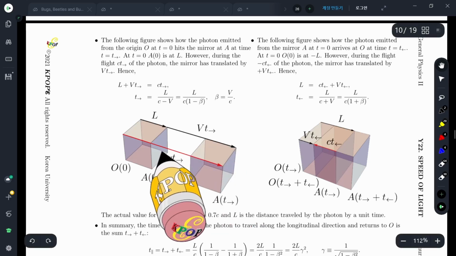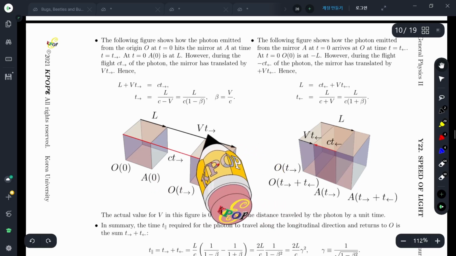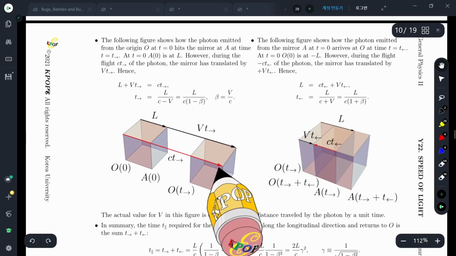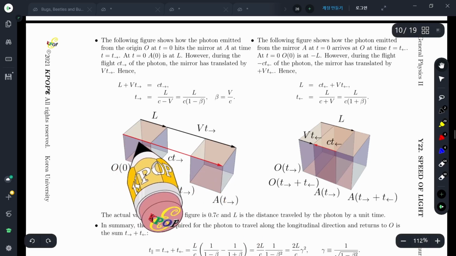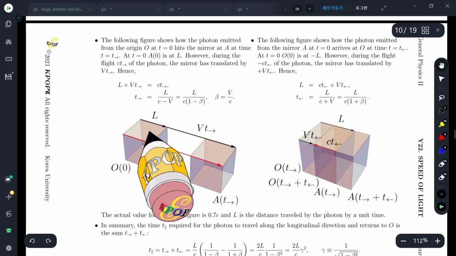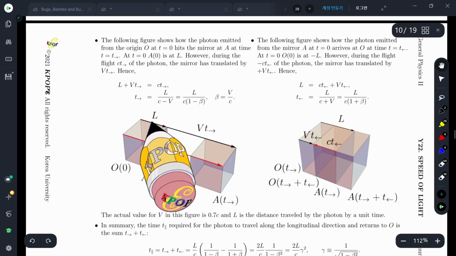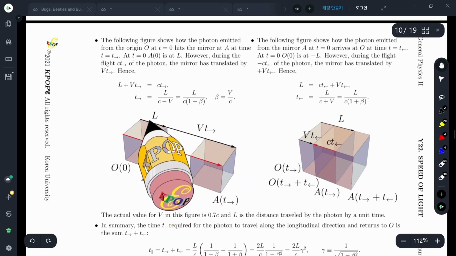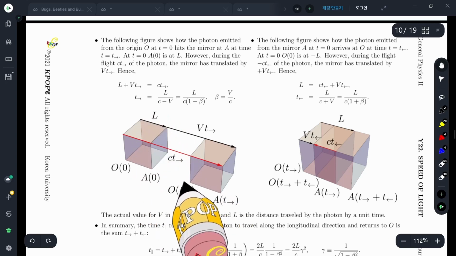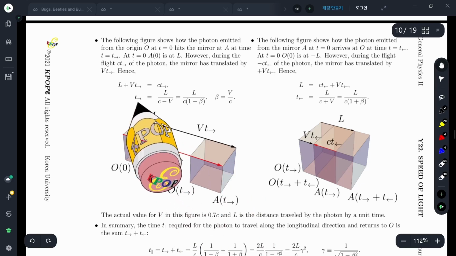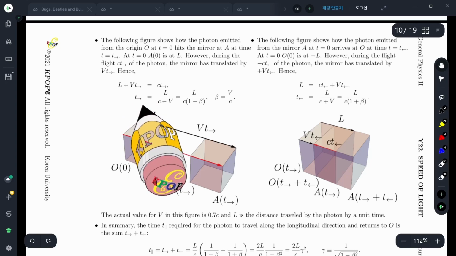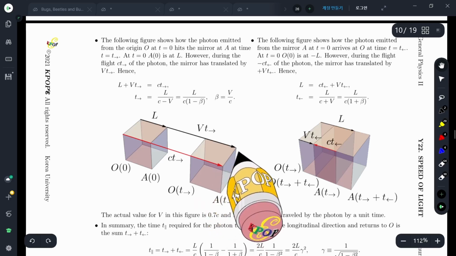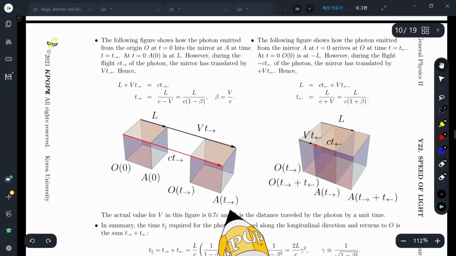Because the speed of light is bigger than the speed of the Earth, as assumed, the red line, that is the track of the longitudinal light wave moving parallel, catches up with the distance L. So ct to the right and vt to the right are the same if we add the distance L. In this way, we can calculate the time required for the light traveling in the longitudinal direction to arrive at the mirror, that is t to the right.